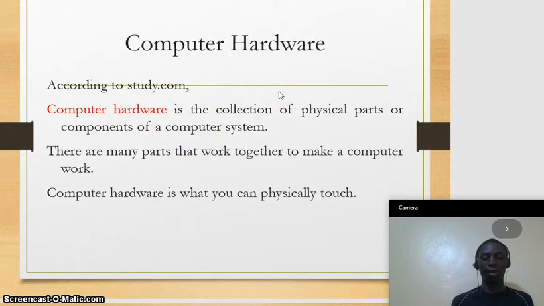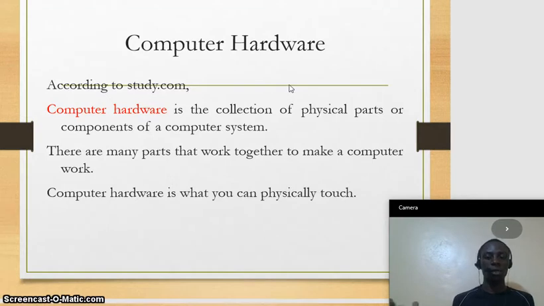So that takes us to computer hardware. We have looked at two categories of software, but now let's look at the hardware. According to study.com, normally where I get my information, computer hardware is the collection of physical parts or components of a computer system. The other time, in the introduction to computers, we looked at a system as a collection of a given number of hardware components, or different physical parts of the computer that we could touch and see.